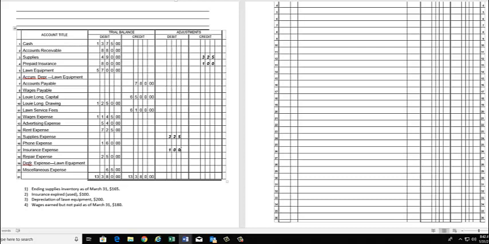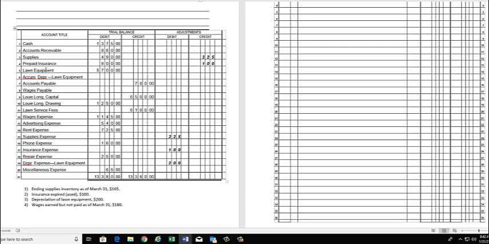So since we're dealing with depreciation, our debit will be to depreciation expense for $200. And then the credit goes to accumulated depreciation. Remember, that's our typical adjusting entry for depreciation. Debit depreciation expense, credit accumulated depreciation.